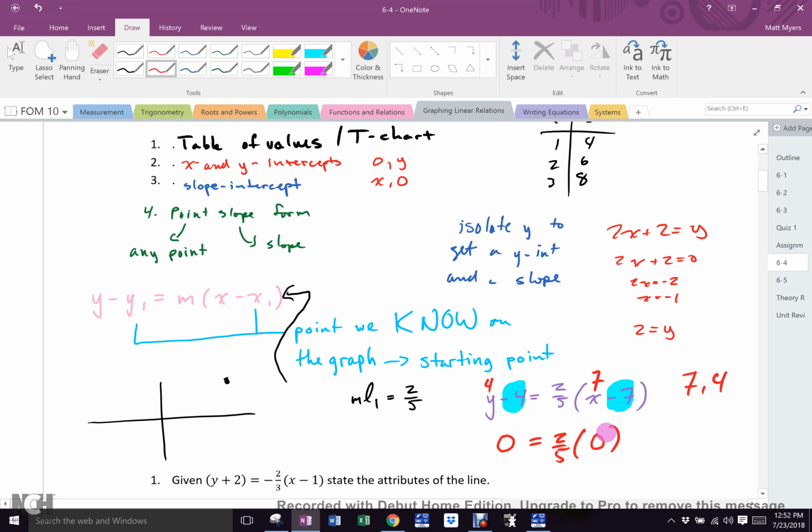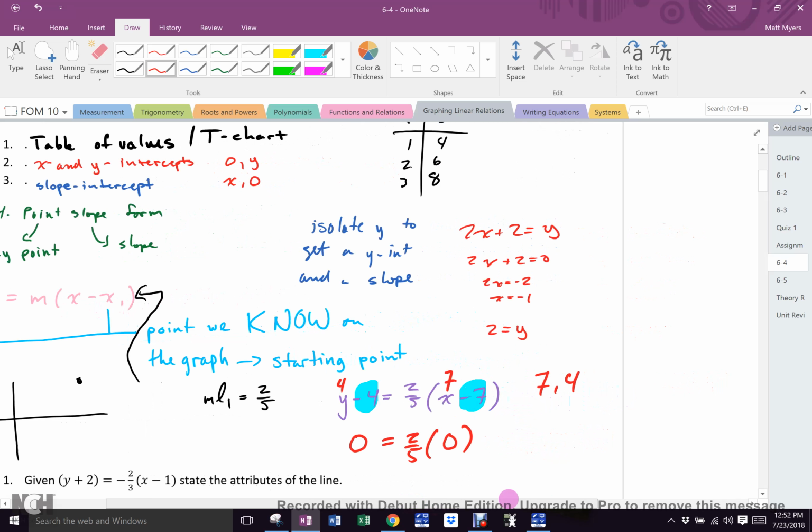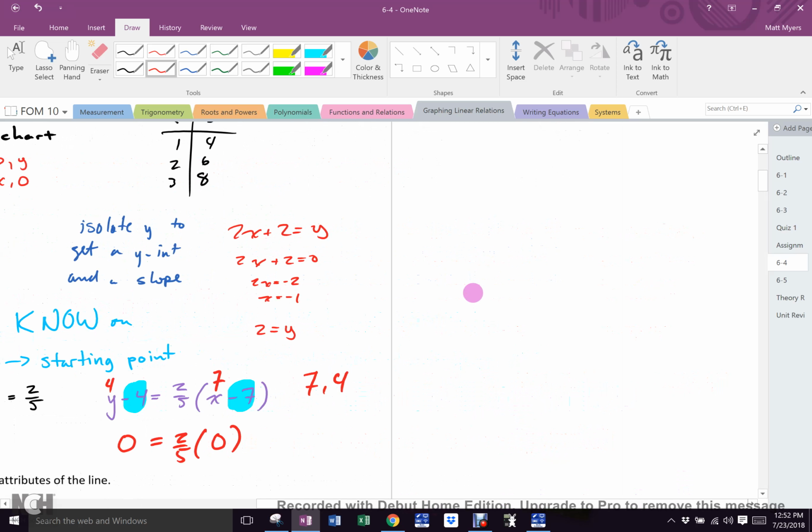Is everybody good? The problem with this is kids don't believe me. So I'm going to rewrite. You all agreed that that's what the equation had to be, right? Because it was minus the x and y values, correct? Now, if I ask you to tell me what your starting point is here, even though I've done this whole big lecture right now, a bunch of you are still going to say, it's -7, -4, Mr. Myers.